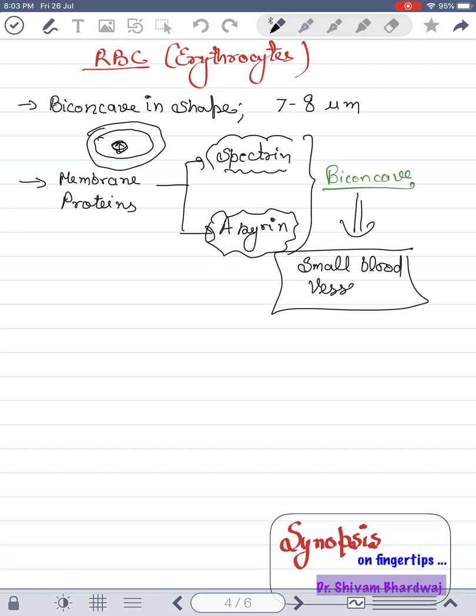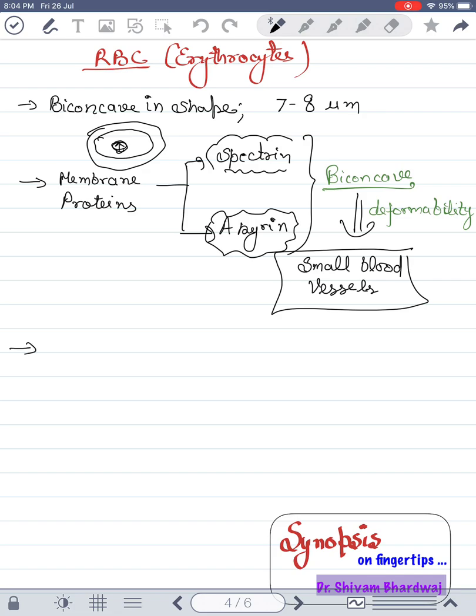How? They provide the property of deformability. This deformability helps these RBCs to cross small blood vessels.